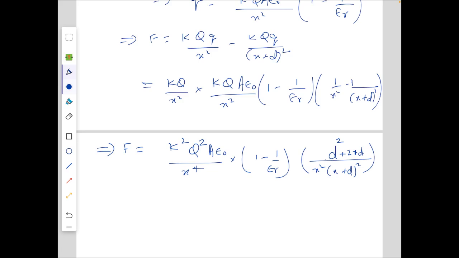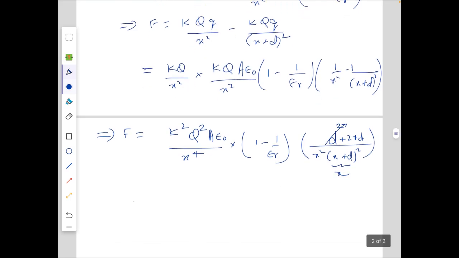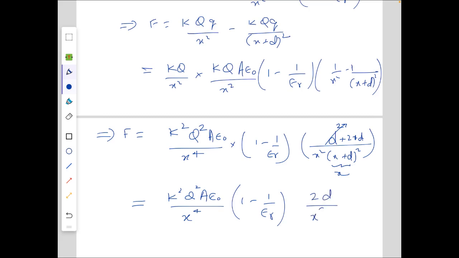Now here d square is a second order term, so this can be neglected, and here x plus d can be assumed to be x. So finally what we get is k square Q square a epsilon naught over x to the power 4 multiplied by 1 minus 1 over epsilon r multiplied by 2d by x cube.